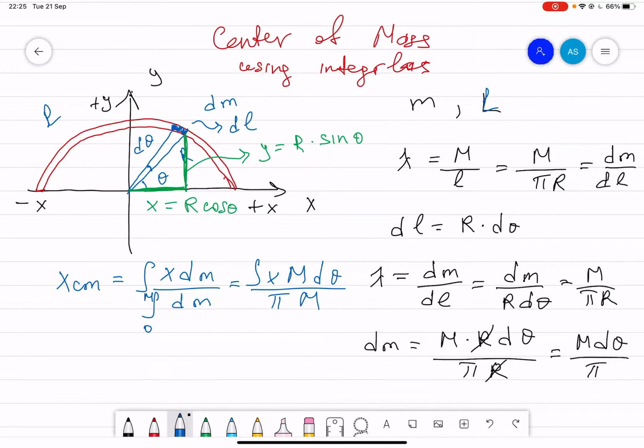Let's continue. In our case, x is equal to r cosine theta.